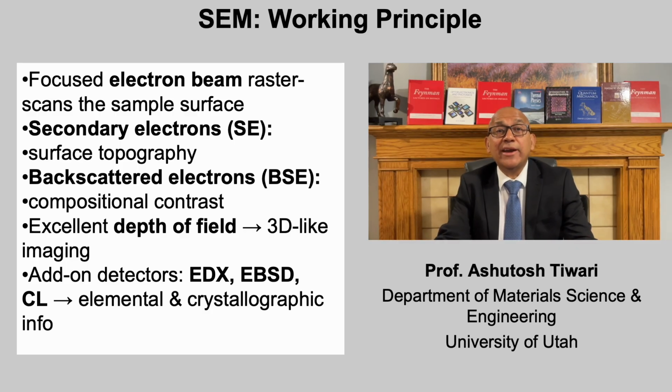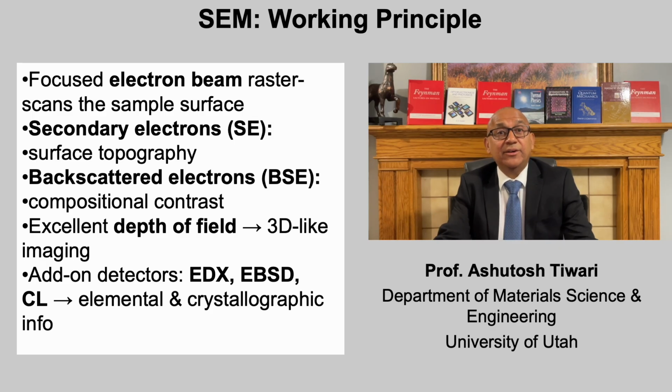The scanning electron microscope is one of the most versatile tools for examining the surface morphology of nanostructured materials. In SEM, a finely focused beam of high-energy electrons scans the sample surface in a raster pattern.